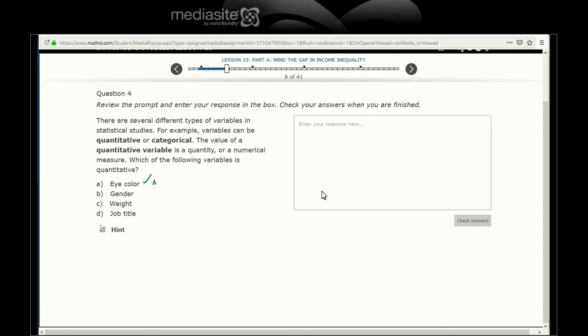So no, this would be categorical. Gender. Again, can we count? Can we measure gender? It's basically either yes or no, you're male, female, whatever. So this is also categorical.